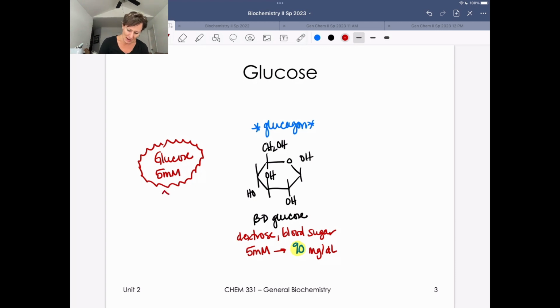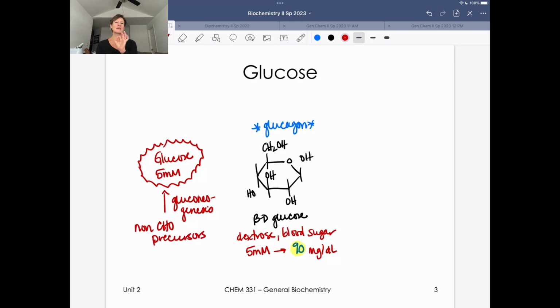So let's consider the bottom-up approach first. The bottom-up approach is gluconeogenesis. The purpose of gluconeogenesis is to take non-carbohydrate precursors and synthesize them into glucose.